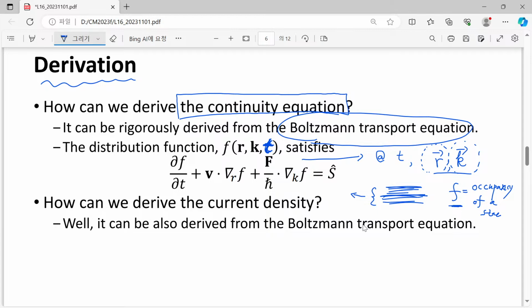So if we really want to know how many electrons are there, then we must consider two quantities. If there is one state, how probable it is to be occupied, and another quantity is how many states are there.